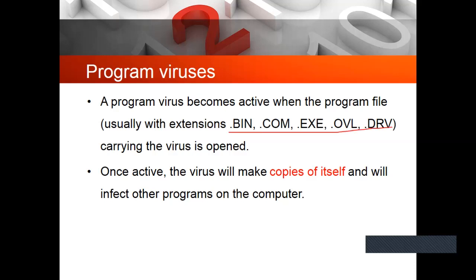If the user executes any of these files which contain the program virus, this virus gets opened. Once this virus gets opened, it makes copies of itself and starts infecting other programs of the computer. So this is the second type of virus.